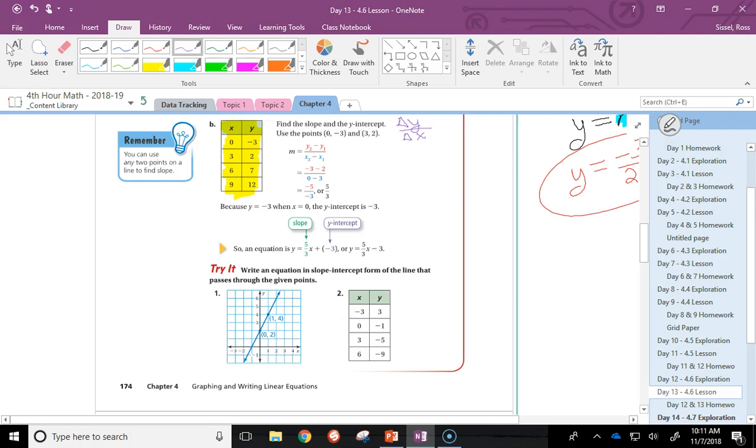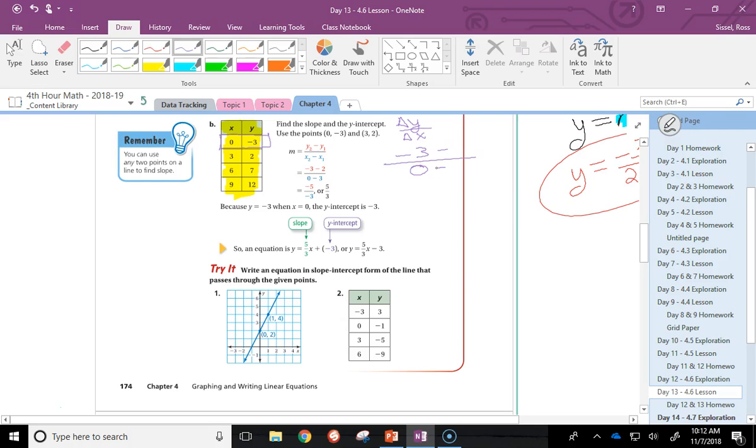Or y? Yeah. Sure. Let's use this one. So I'm going to say negative 3, and my x was 0. Oh, I made that 0 really big for some reason. Okay. And then I need another coordinate point. What's one of the other ones?